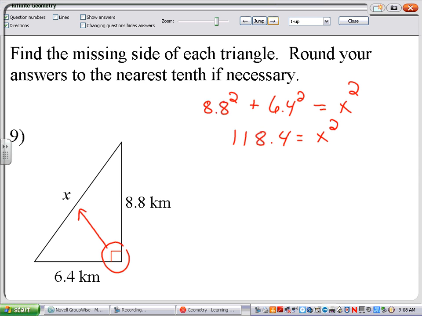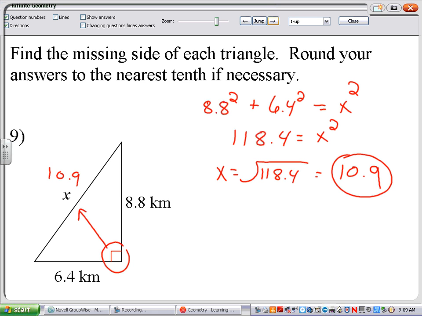So 118.4 equals x squared. So in other words, x is the square root of 118.4. My calculator gives me 10.88, so it rounds up to 10.9. 10.9 would be the length of this side. So again, the length of my hypotenuse is 10.9. And that would be km, which stands for kilometers.